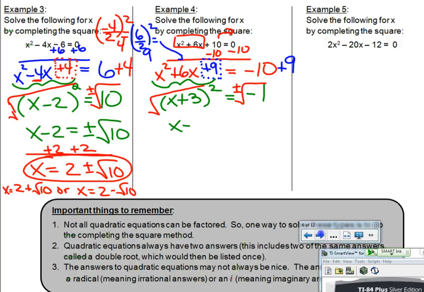The x plus 3 will be left, and on the other side, positive and negative square root of negative 1. There's our negative under the radical. If there's a negative under the radical, this implies an i answer or an imaginary answer. So positive and negative, the square root of negative 1 is actually equal to i. Okay, subtracting this over.